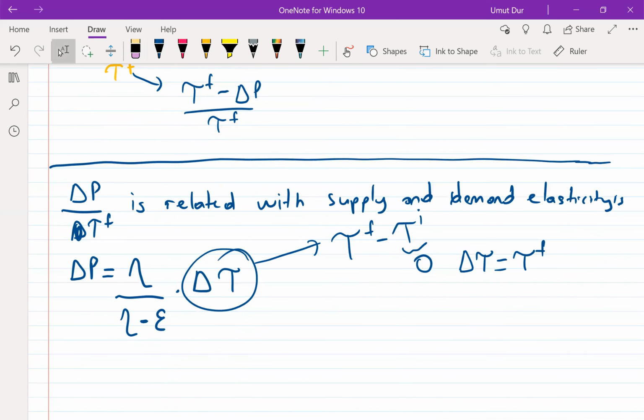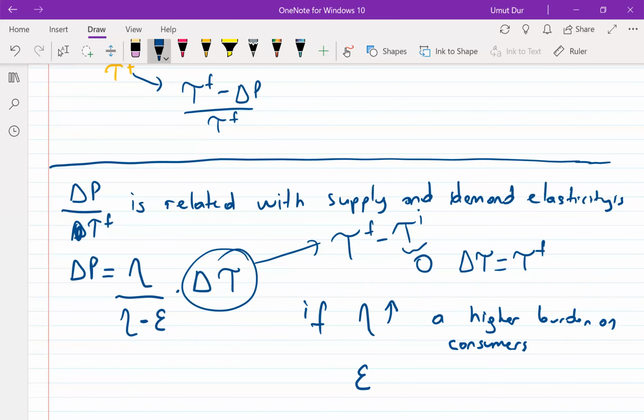Which means that if eta increases, we will see a higher burden on consumers.